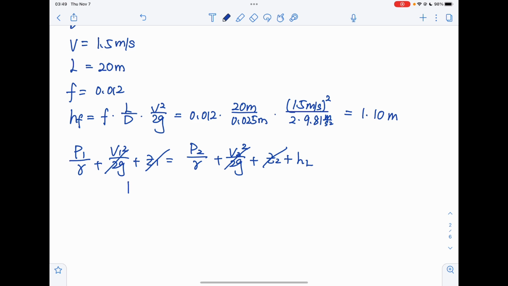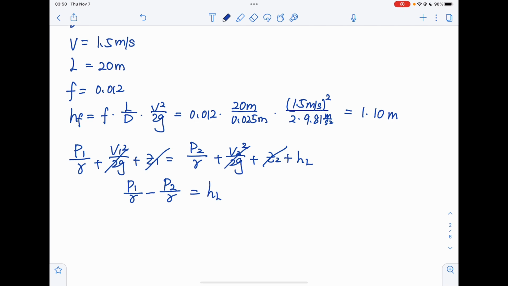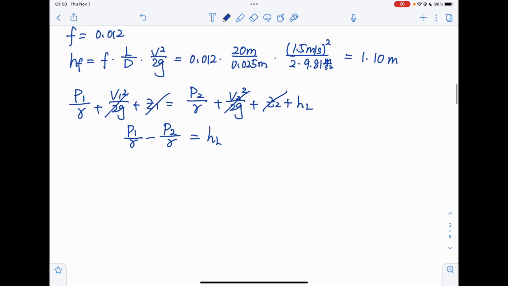So P1 over gamma minus P2 over gamma equals the head loss. P1 minus P2 equals the head loss times gamma, which is also delta P. Gamma is rho times g.